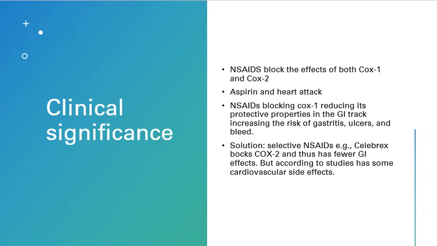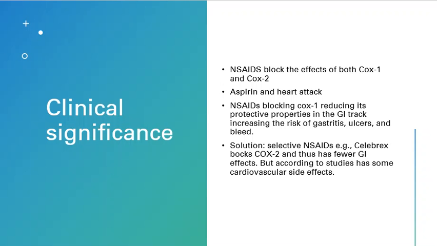There is a drug called Celebrex. It's also an NSAID, but it's selective in its nature, and it does not affect COX-1 too much. And therefore, if you're taking Celebrex for pain, or for joint pain, bone pain, back pain, or any other reason, then you are less likely to have the side effects that ibuprofen has, because Celebrex is very selective.